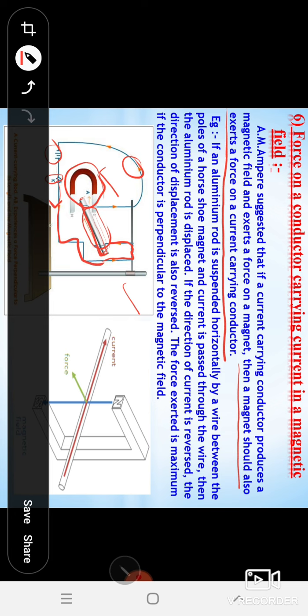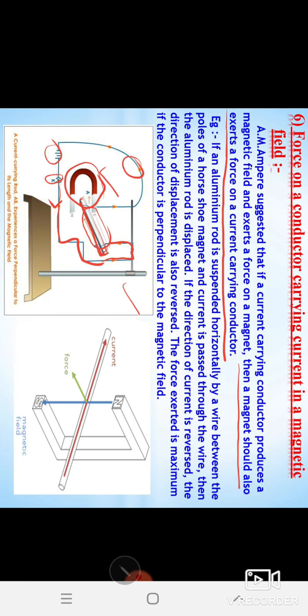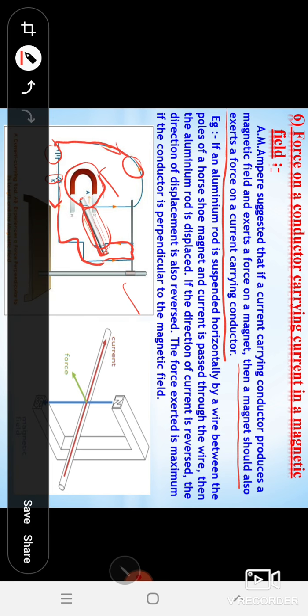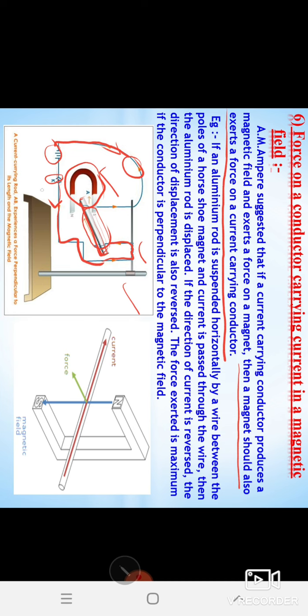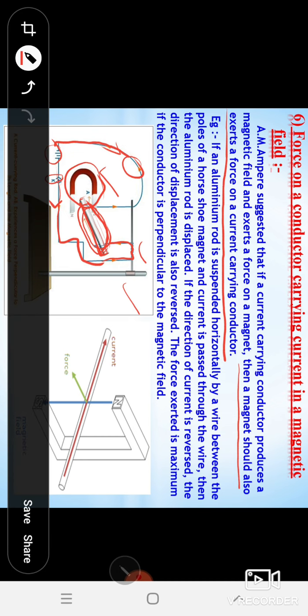Now reverse the direction of the current. In the second case, the displacement of the rod takes place again, but now in the opposite direction. So you can observe in this activity that if you change the direction of the current, the direction of the force also changes.